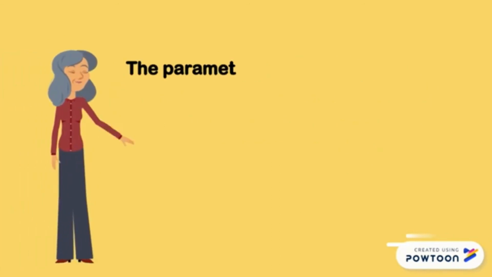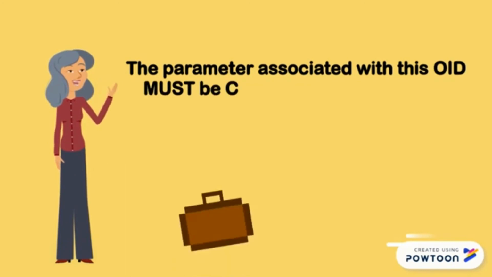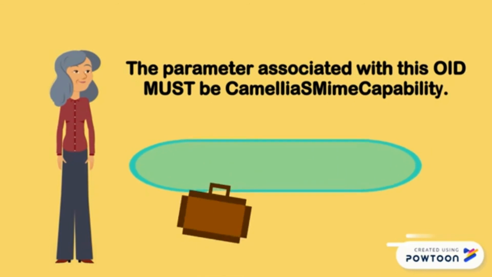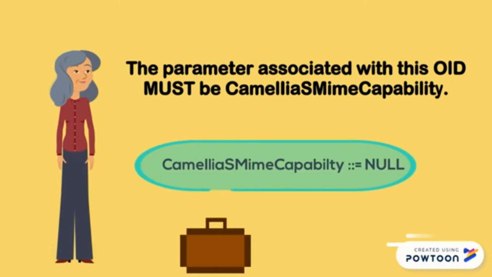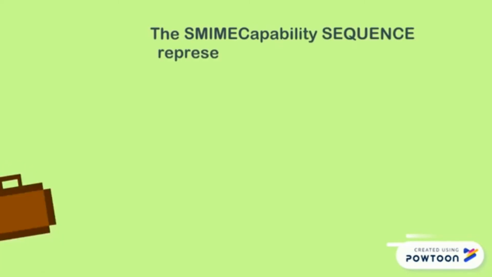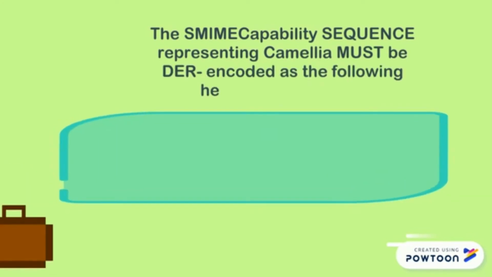The parameter associated with this OID must be Camellia S/MIME capability. The S/MIME capability sequence representing Camellia must be encoded as the following hexadecimal string.